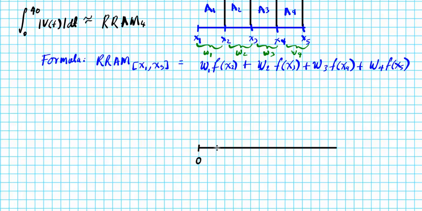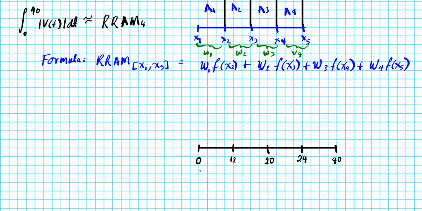So let's see, we have 0, 12, 20, 24, 40, just copying the values from the table. Obviously, it's not drawn to scale, because the subintervals have different widths.